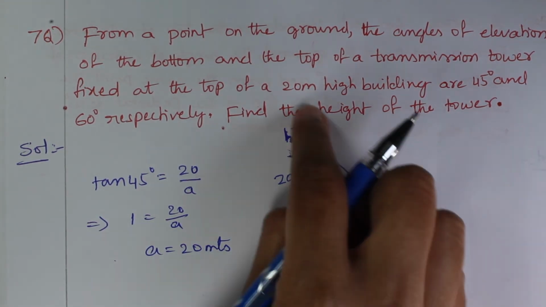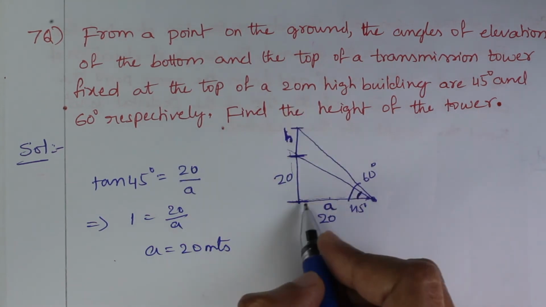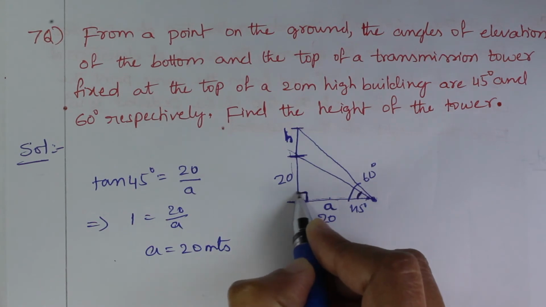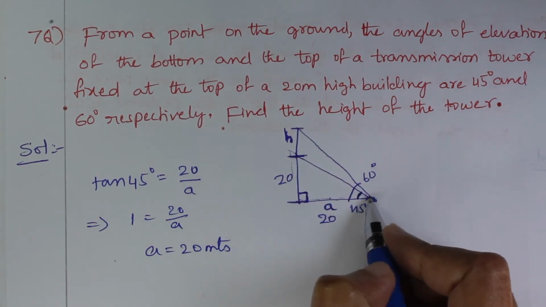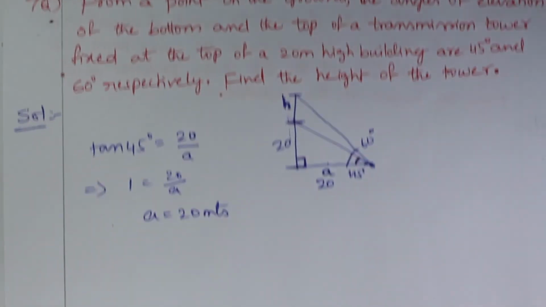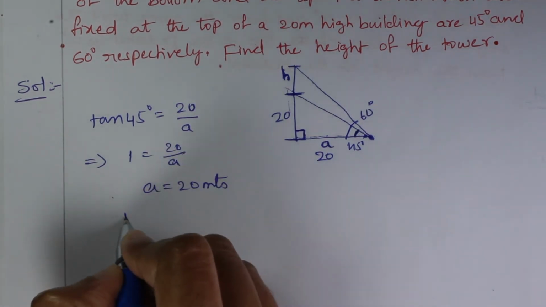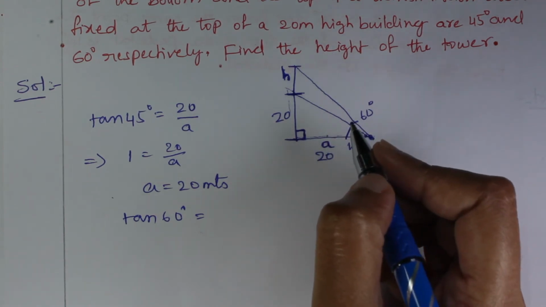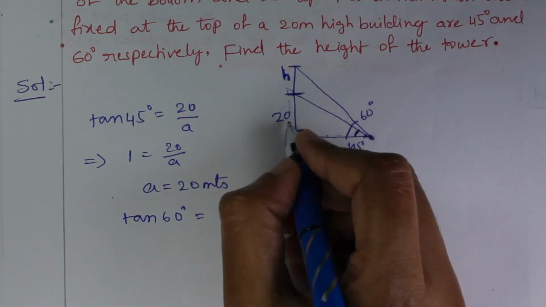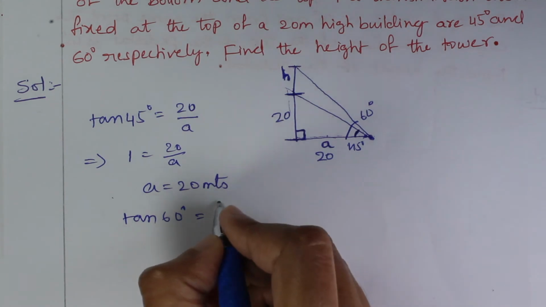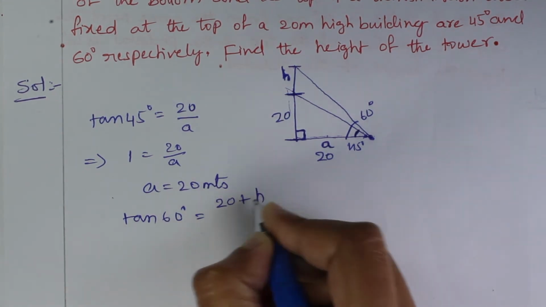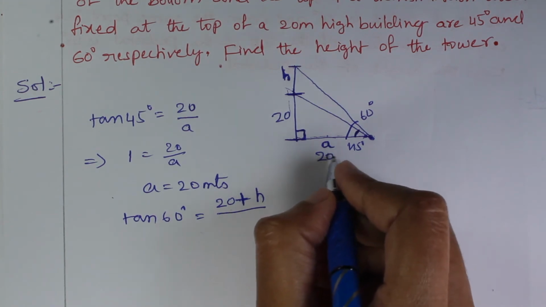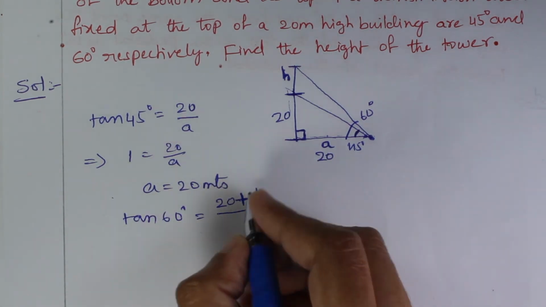Now let's take the bigger triangle. I am taking the bigger right angle triangle. This is a right angle. Now let's take tan 60 degrees. Tan 60 degrees is equal to opposite side by adjacent side. Opposite side is 20 plus h, that is the height of the building plus height of the transmission tower, divided by A. A is 20 meters. We have calculated it, right?